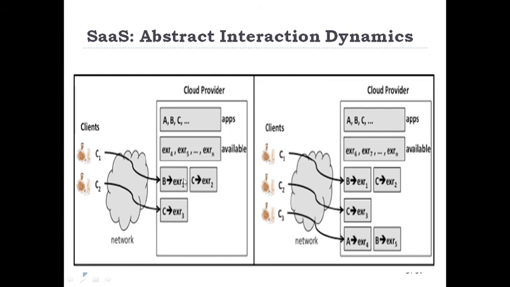So it is not important that resource number 1 will be allocated again to him. Maybe resource number 7 is allocated to him, right? So it is all dynamic in nature, and it all depends on the interaction between our consumer and our cloud service provider.